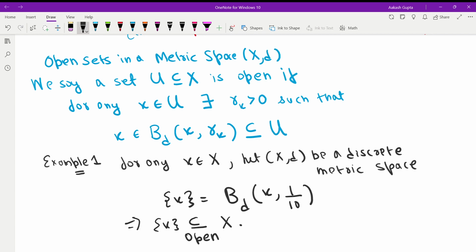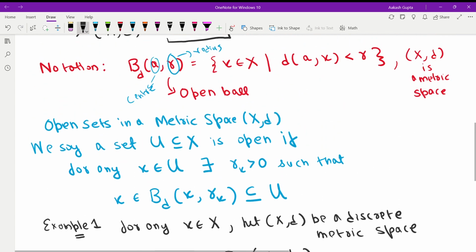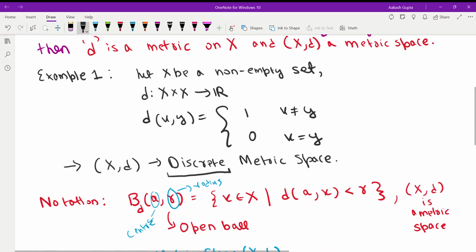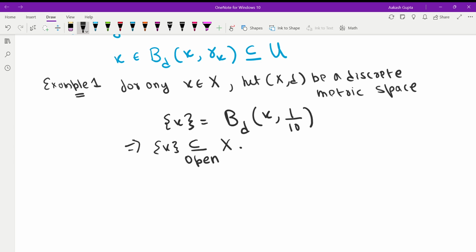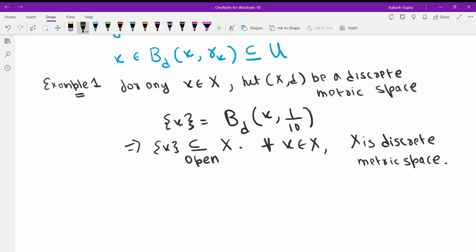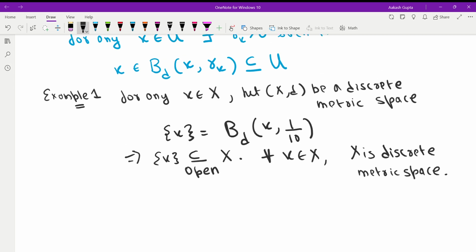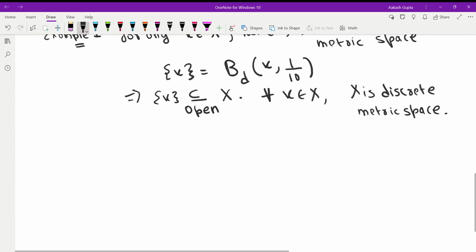The same radius will work. I am not going into much detail because my target is just a quick review of metric spaces. Very nice. So this is happening for every X in X, where X is a discrete metric space. Good.